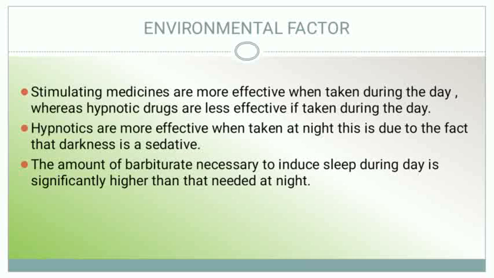Hypnotics are more effective when taken at night due to the fact that darkness is a sedative. The amount of barbiturate necessary to induce sleep during day is significantly higher than that needed at night. Therefore, the dose of the drug must be decided on the basis of environmental condition of the patient.